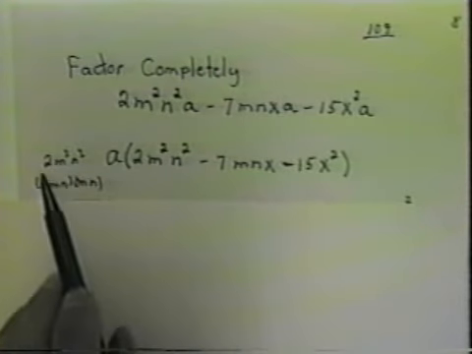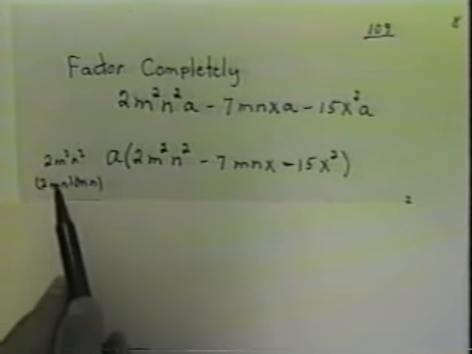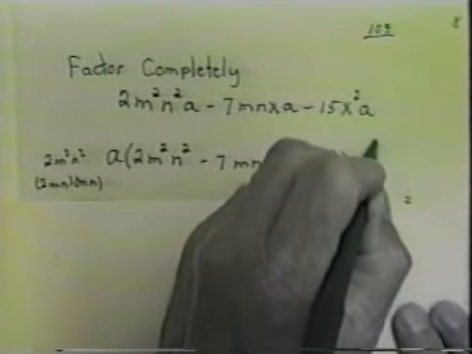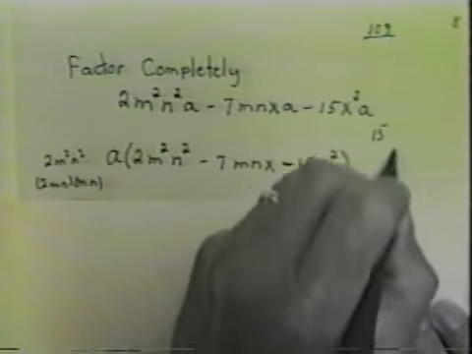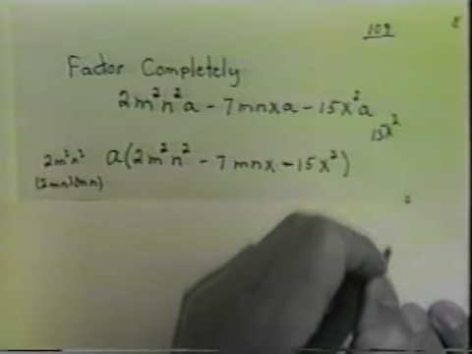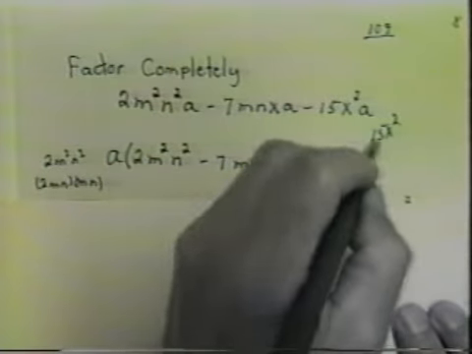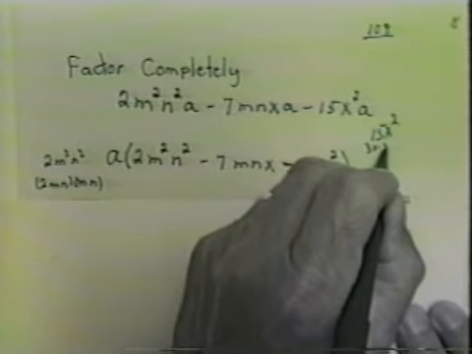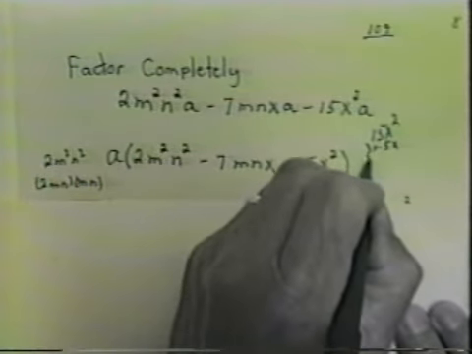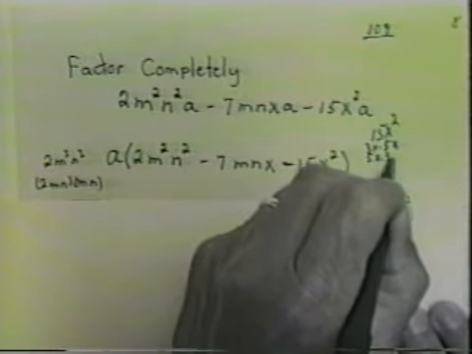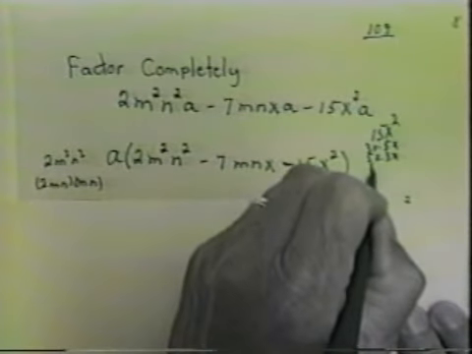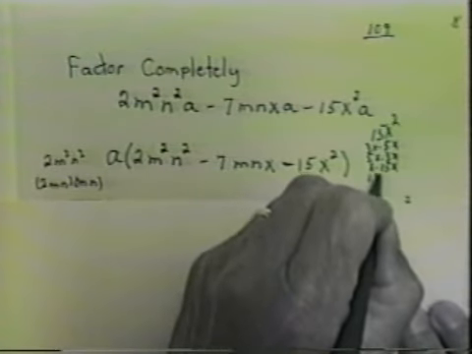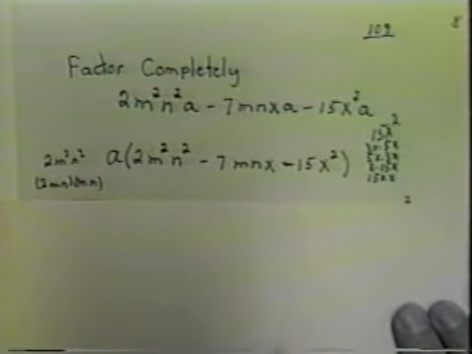Now I want to list the ways of getting 15x squared. We have several ways to get 15x squared: 3x times 5x, 5x times 3x, x times 15x, and 15x times x.